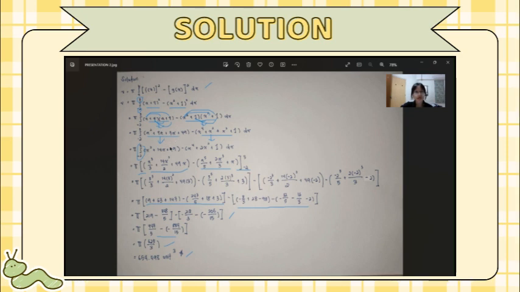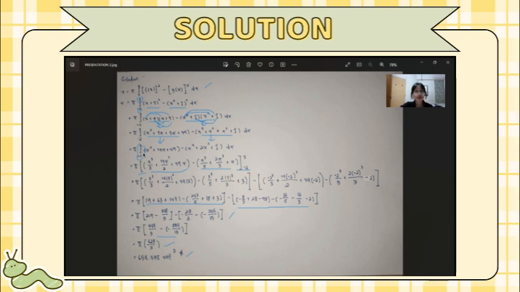Next step, calculate the value in this bracket, and you will get the answer like this: x power of 2 plus 14x plus 49 minus 2x power of 4 plus 2x power of 2 plus 1 dx.